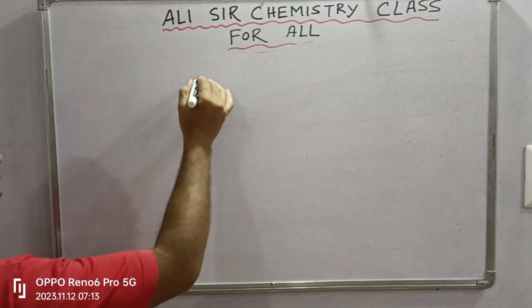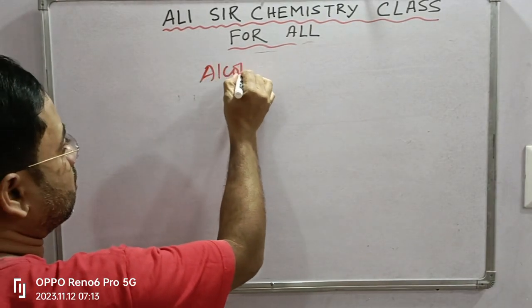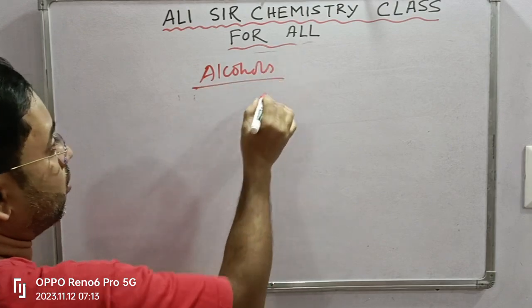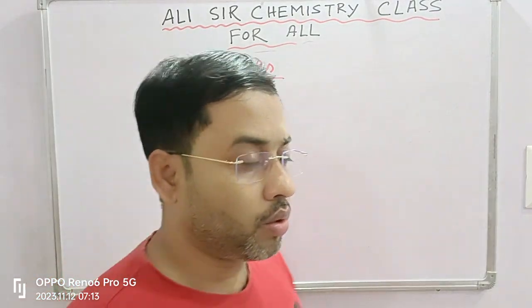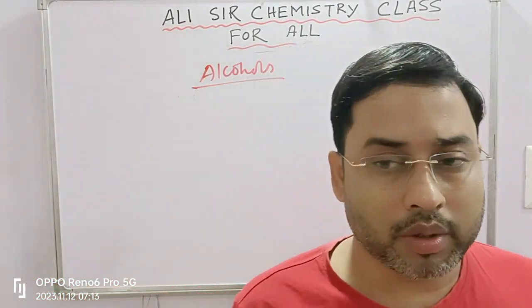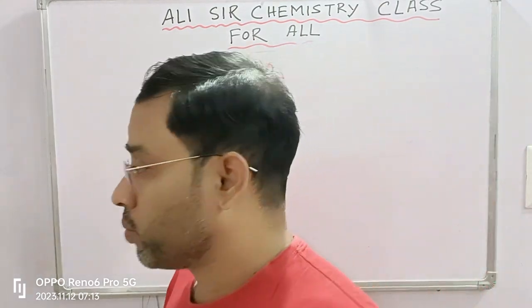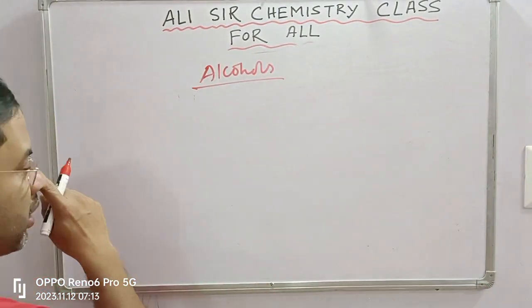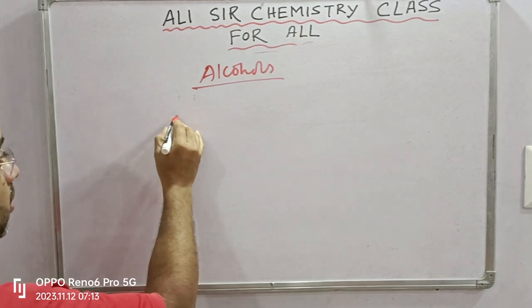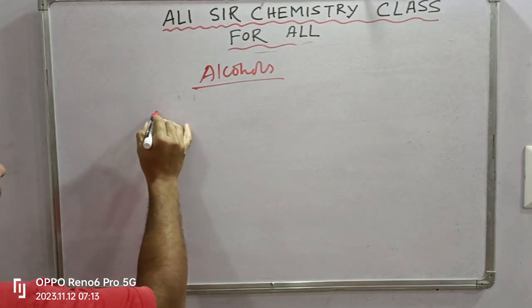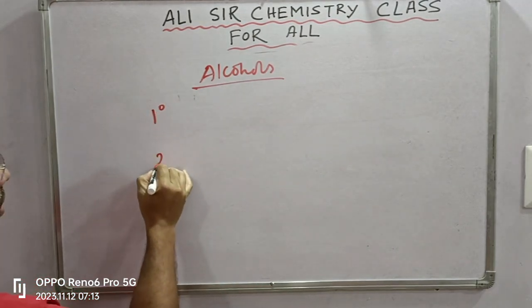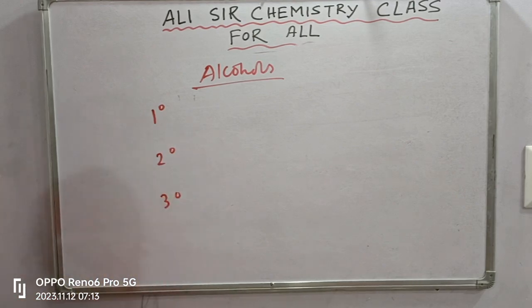Now, alcohols are the compounds in which the OH group is present, that is the hydroxyl group is present. The hydroxyl group is present with a carbon atom. So typically we can write three types of alcohol: primary, secondary and tertiary alcohol.